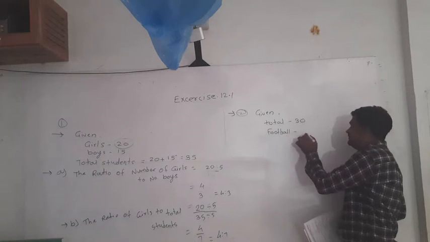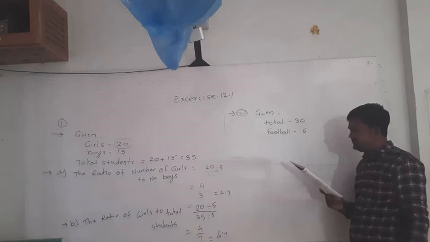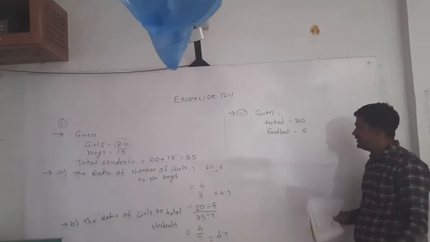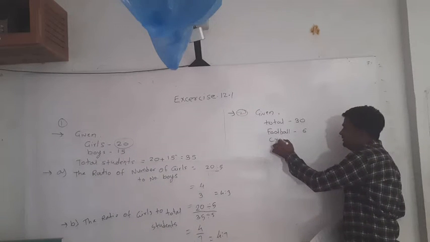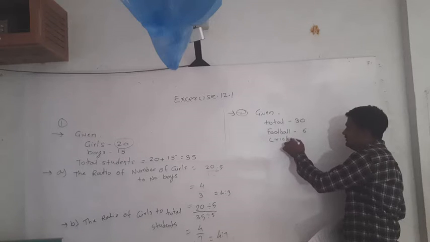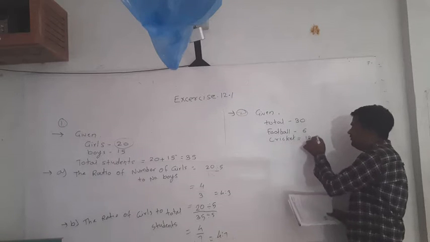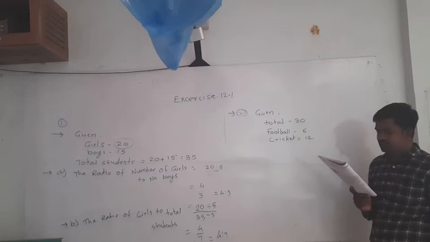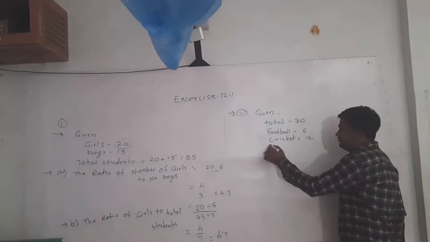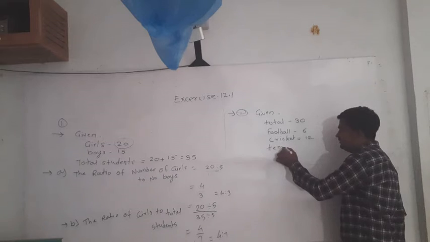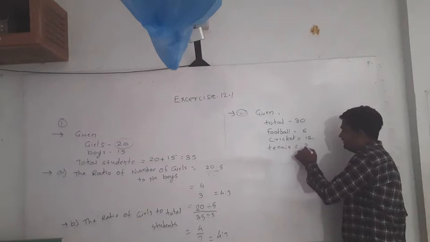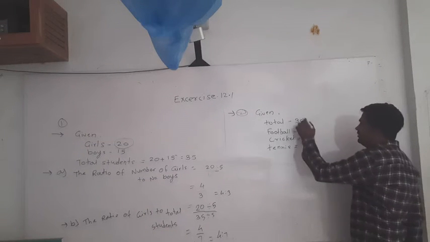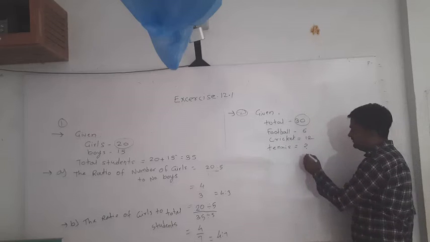Football like 6 students. The next game is cricket, like 12 students, and the remaining like tennis. So tennis students, how much are we to find there? Total students how much? 30.